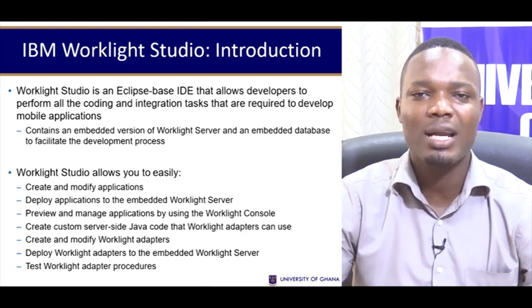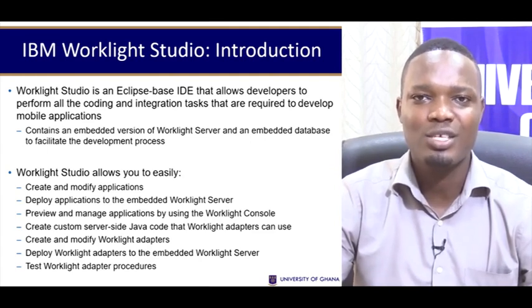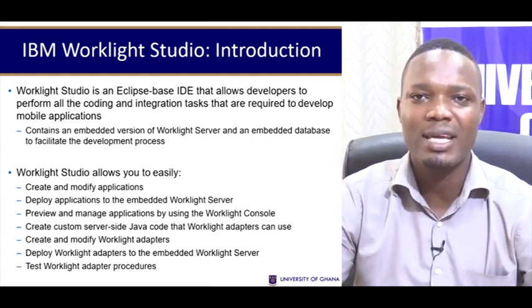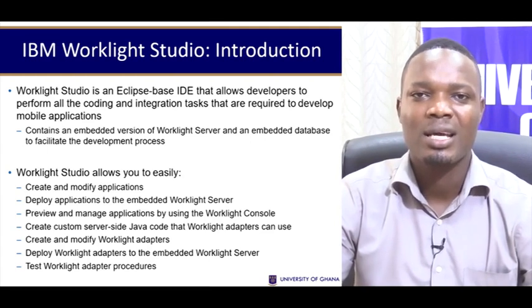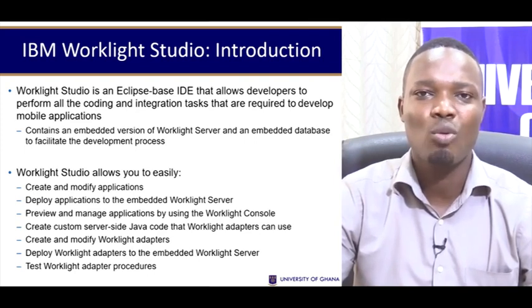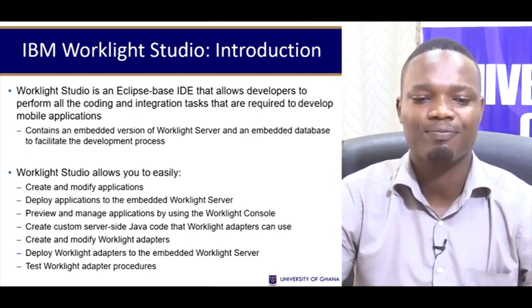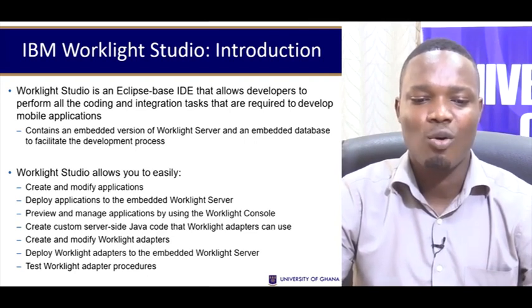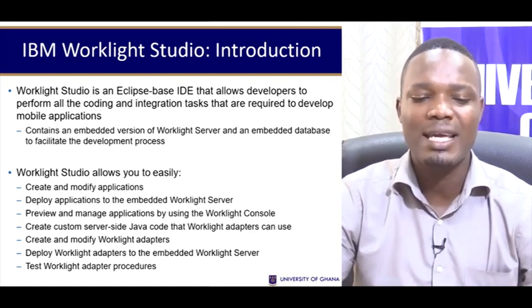Now, the IBM Worklight Studio, like we saw in the previous session, is that interface which we would be using to write and maintain our code or our application. This studio is going to be a plug-in into Eclipse. Currently, IBM is customizing an Eclipse version that comes with the mobile studio already installed. Worklight Studio allows you to easily create and modify applications.